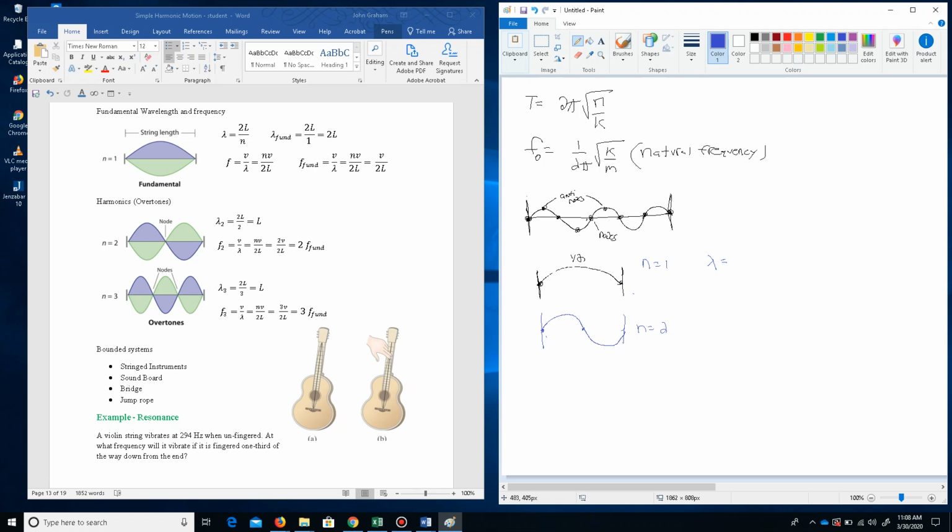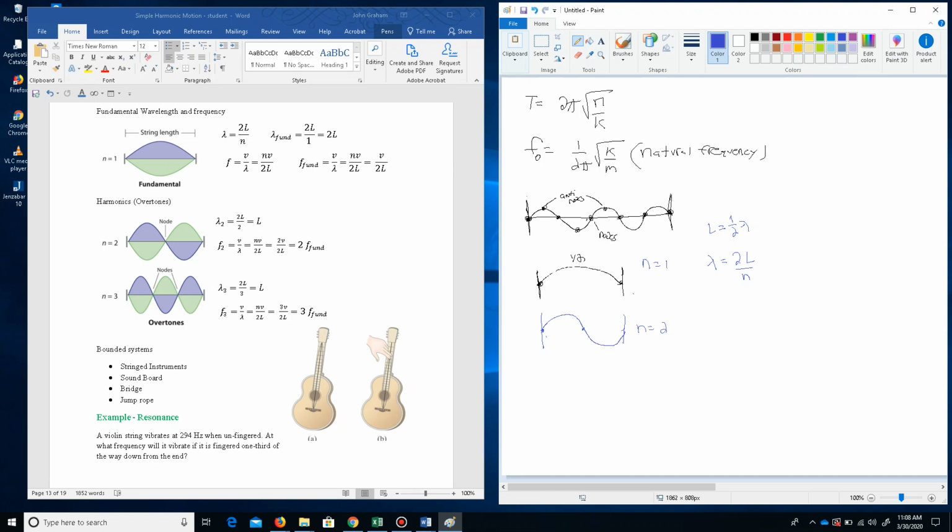And so this is λ = 2L/n for the first harmonic. We can think of this as, if we flipped it, the length of the chord is going to be 1/2 the wavelength. And so if we solve for the wavelength, we get 2L equals the wavelength.